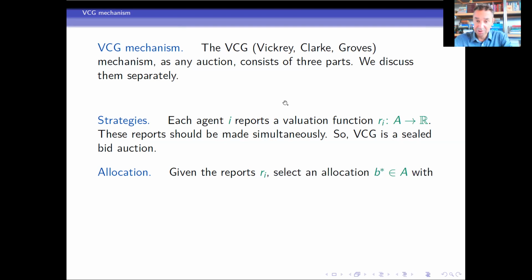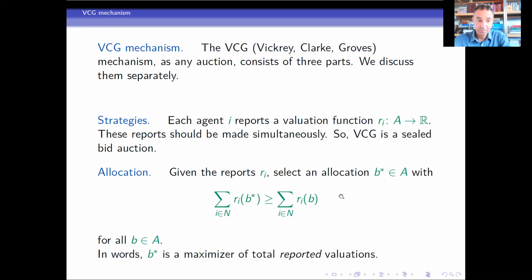We select an allocation b star with the property that the sum over all the reported valuations is maximized by that b star. So the sum over the r_i of b star is greater than or equal to the sum over the r_i of b for any other b in A. Like I said, b star is a maximizer of total reported valuations.